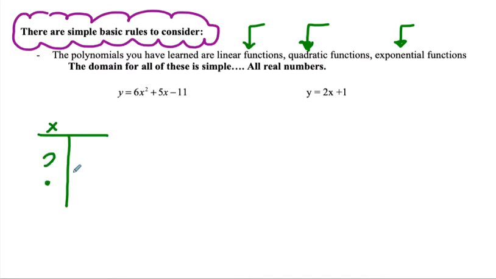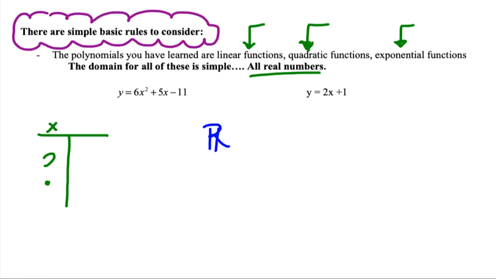Can I plug in -1,000,000? Can I plug in -1,000? Can I plug in 0? Can I plug in 1? So the rule is, if it's one of these three functions, the domain will be all real numbers because I have no value of x that's not allowed. They're all allowed, so the domain would be all real numbers. We could write it like that.